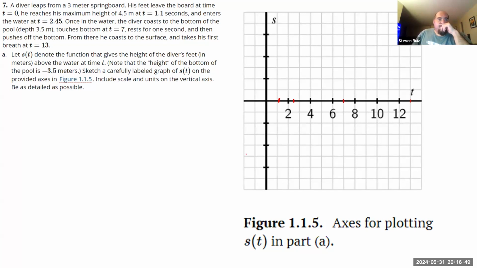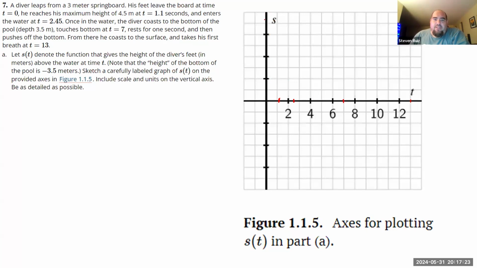All right, so we have to provide our own vertical scale. So let's think about what is the minimum height we're going to have and what's the maximum height. I think the maximum height is going to be 4.5, and the minimum height is going to be negative 3.5. So I don't think we can quite get away with using 1 for all these dark black hash marks, because that's not going to let us reach our maximum 4.5.